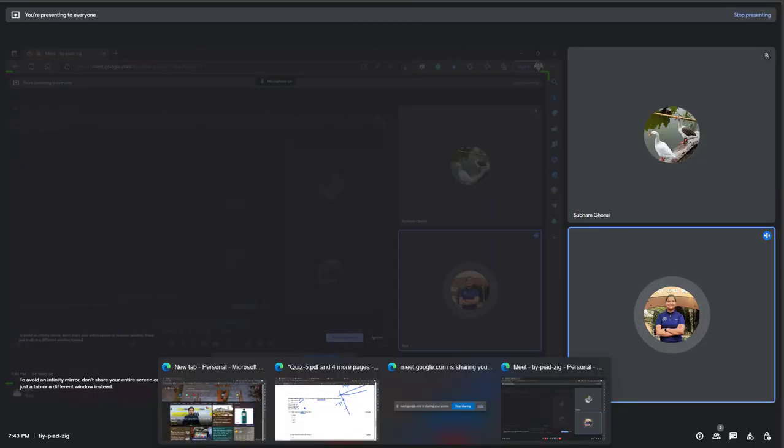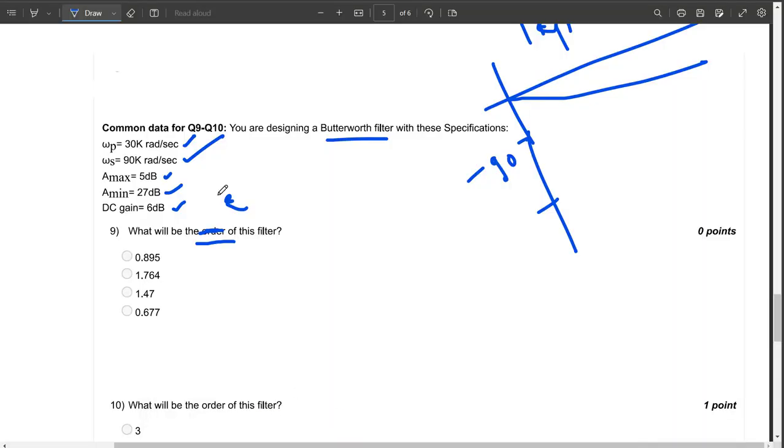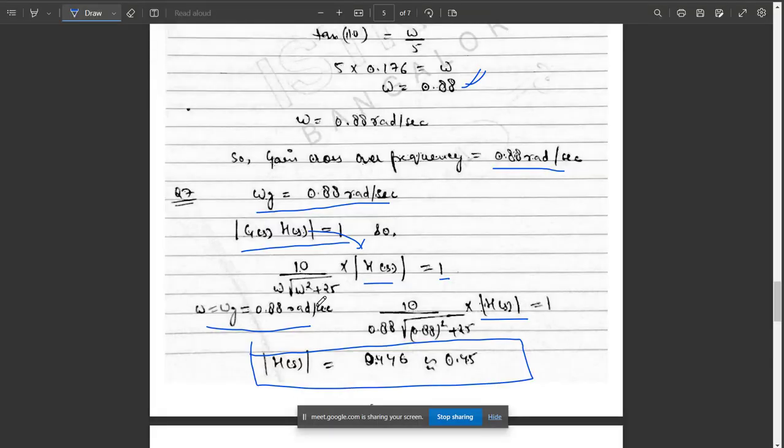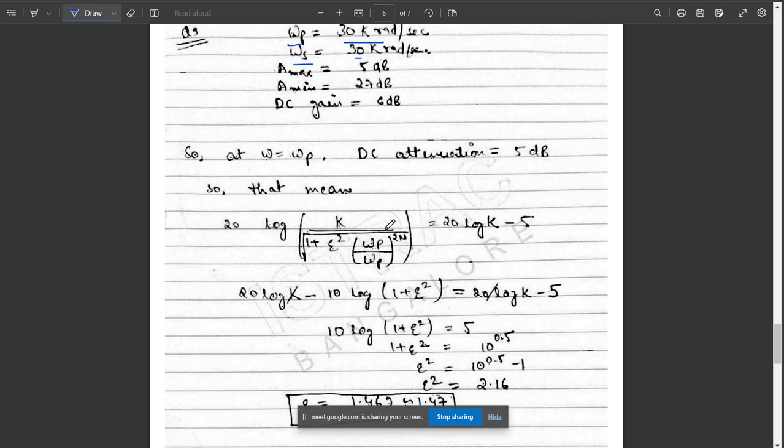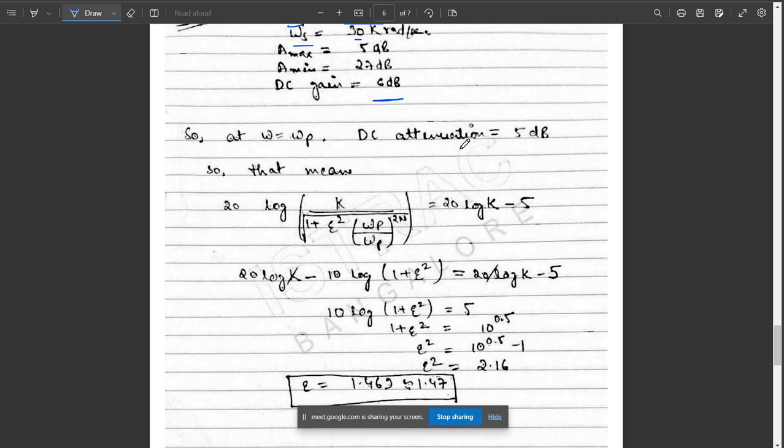Let's try to solve this question then. Omega p is given as 30k radian per second. Omega s is given as 90k radian per second. A max is 5 dB, A min is 27 dB, and DC attenuation is 6 dB.